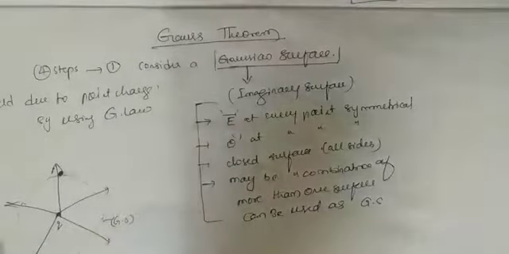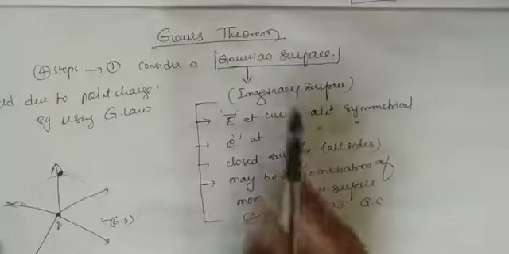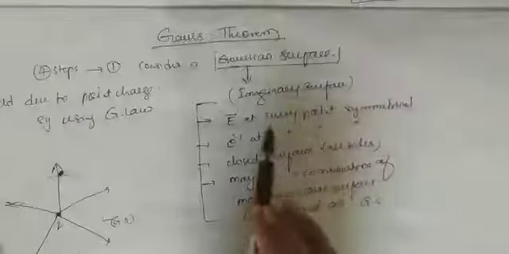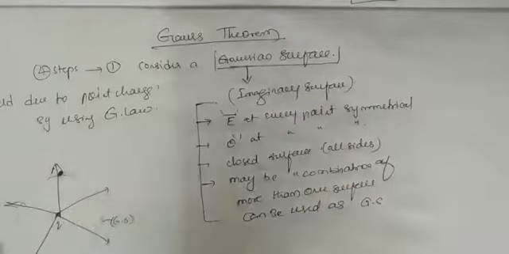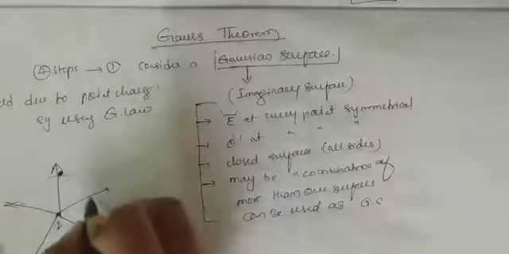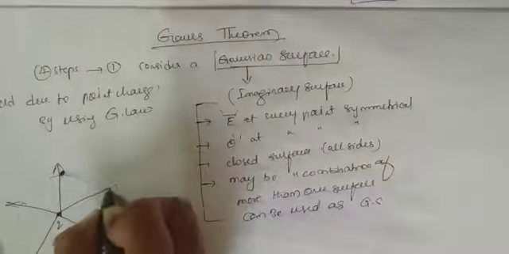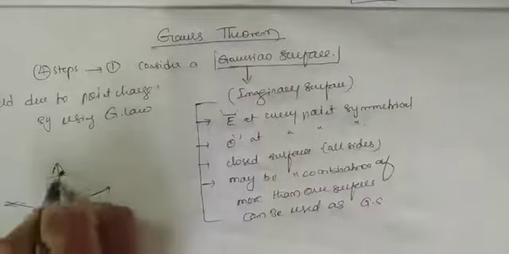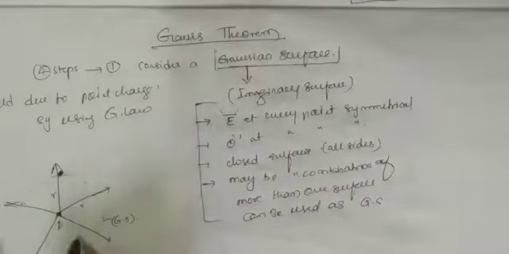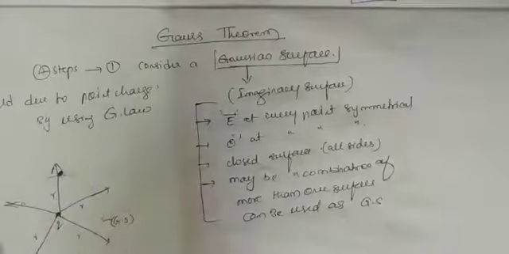Now I want to satisfy all these conditions. It is an imaginary surface. It is a closed surface, not open at any side. Now at every point the electric field should be the same. Here the distances from the charge to each point on the surface are equal.